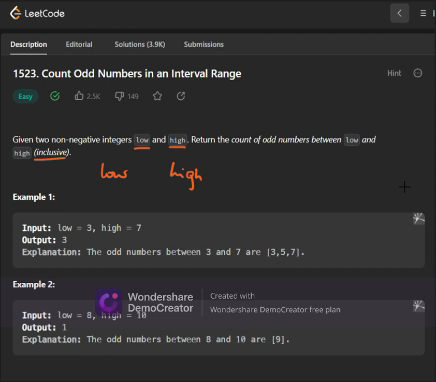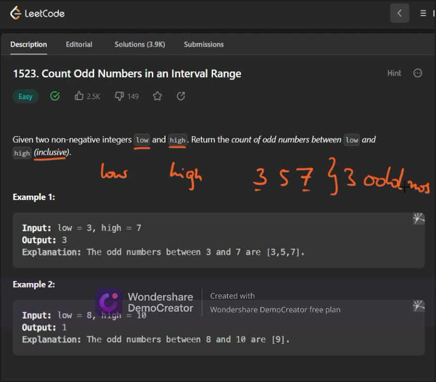So we have 3 and 7. We'll have to count all the odd numbers between this. The odd number between 3 and 7 is 5. And since it is inclusive, the odd numbers 3 and 7 are also counted. So in the range 3 to 7, there are 3 odd numbers.